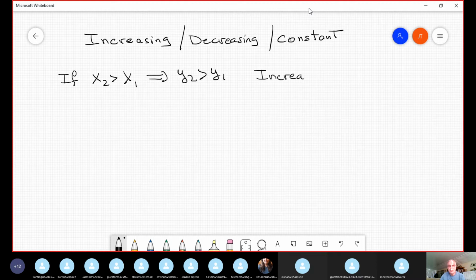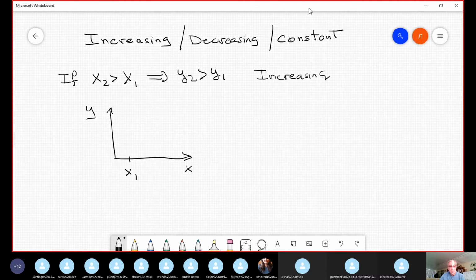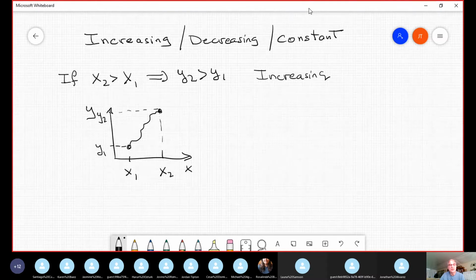Let me try to understand it geometrically. On the xy plane, suppose x1 here, suppose x2 like that, and suppose the function. This is y1, this is y2. I see that the function is increasing because y2 is higher than y1.